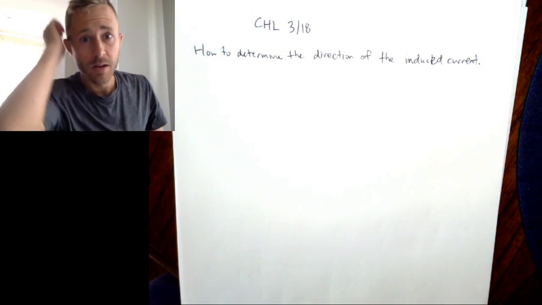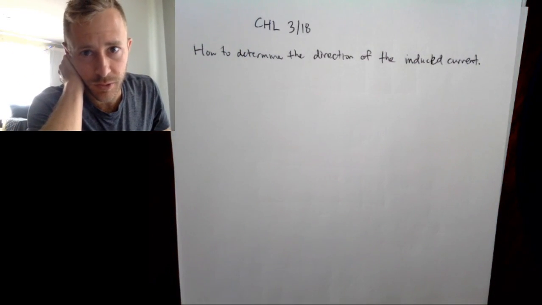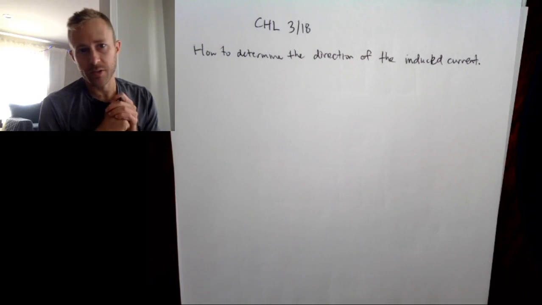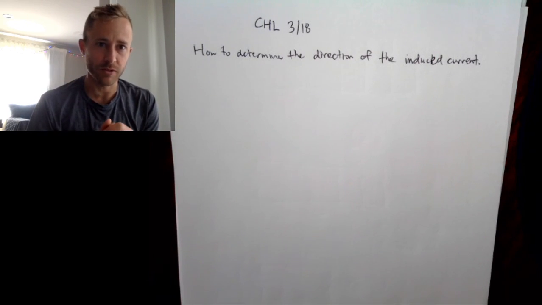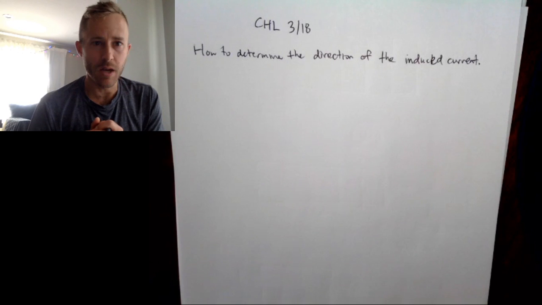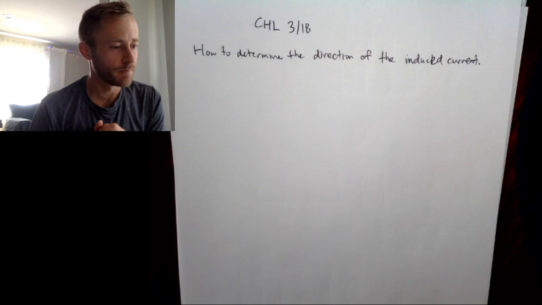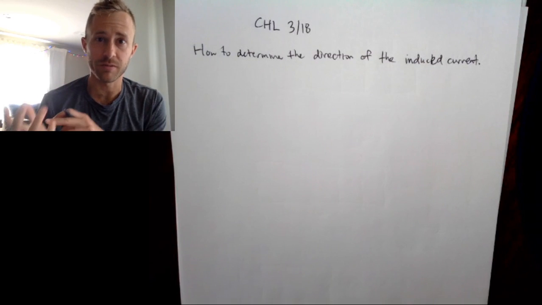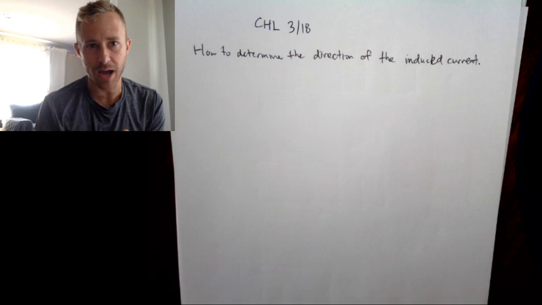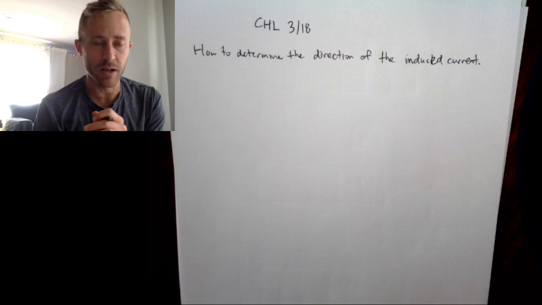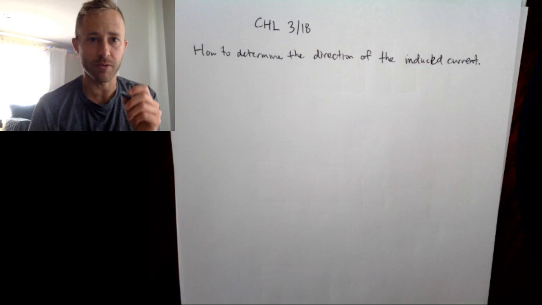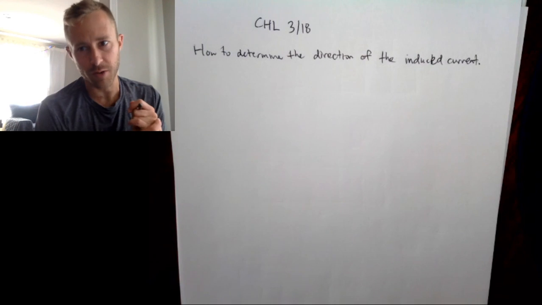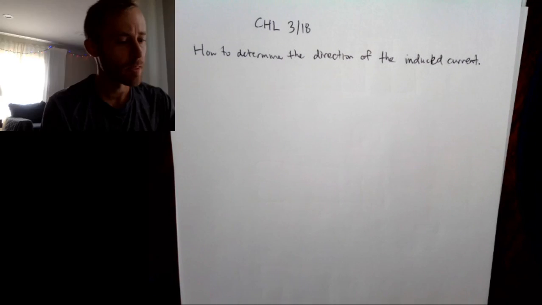What we learned the past 2 days is that if you have a magnetic flux and the magnetic flux changes, then that will cause an induced EMF, which is basically like a battery in the loop. And then that battery is going to make current flow. And it's important to know which direction the current is going to flow. So that's what I'll teach you today.